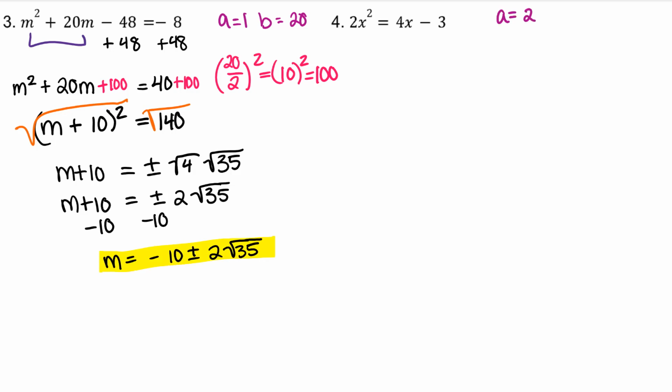Now for number 4, a is equal to 2 and b is going to equal negative 4 when we're in standard form. So yeah, this is a good candidate for quadratic formula. Put it in standard form and then plug it into the formula.